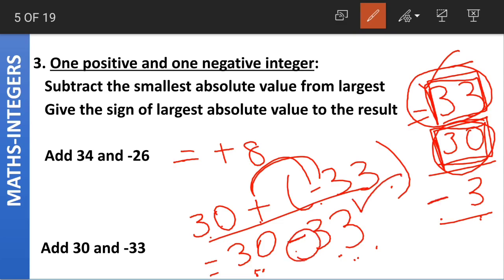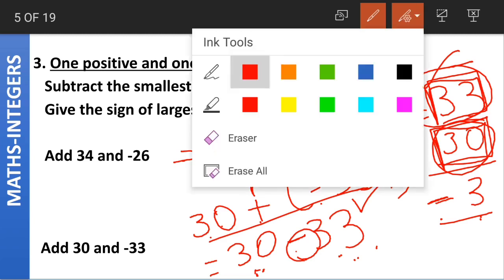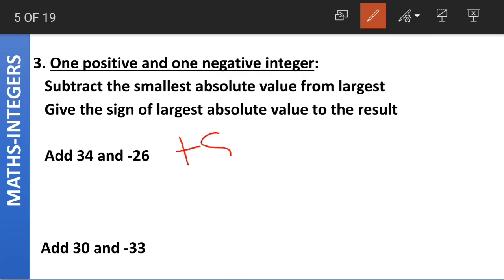So we are putting the negative sign in front of the answer. So the answer will also have the negative sign because the higher absolute value is of 33 and 33 has the negative sign. Is this clear, class? 34 minus 26 gives us plus 8 and 30 minus 33 gives us minus 3.